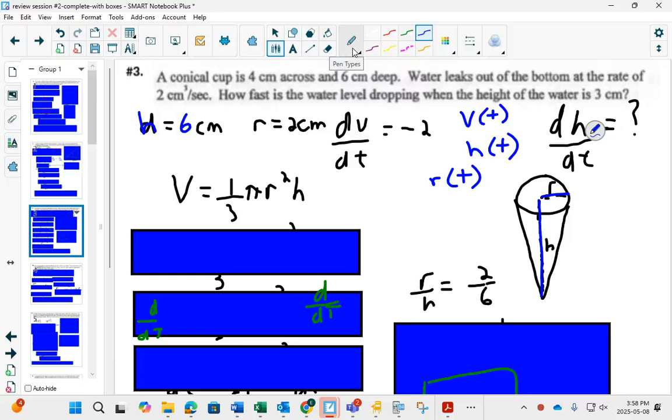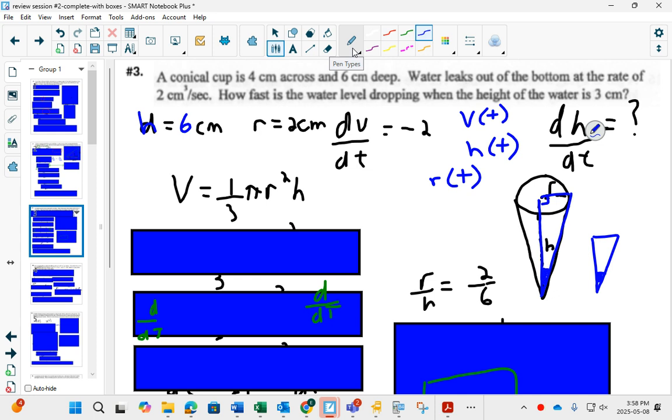So in these cone questions, we use similar triangles again, and we use the tangent ratio, because do you see that when I take my radius and my height, it makes a triangle. And as that height is going down, this angle right here is exactly the same.